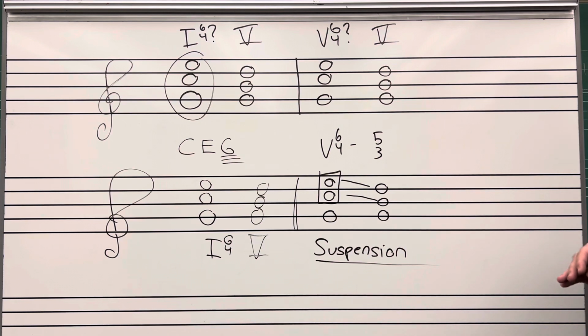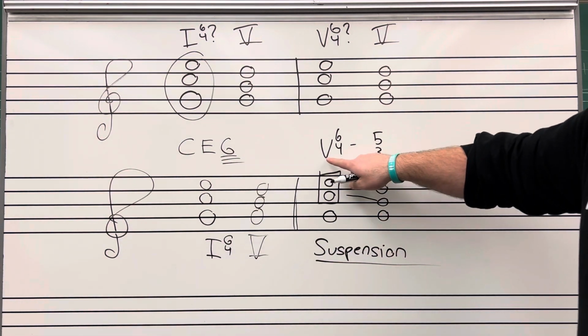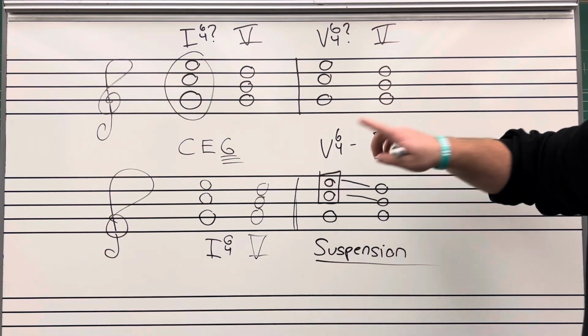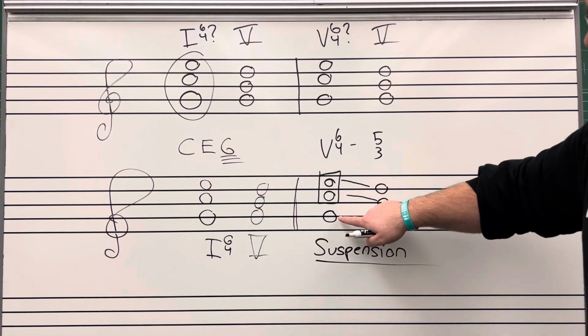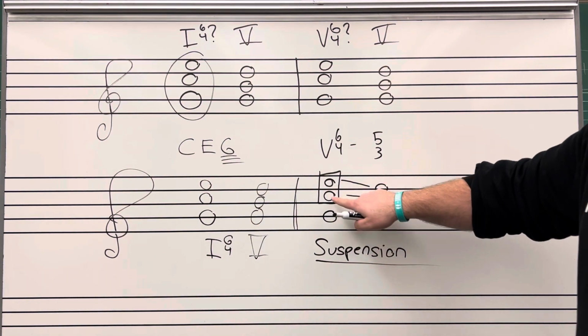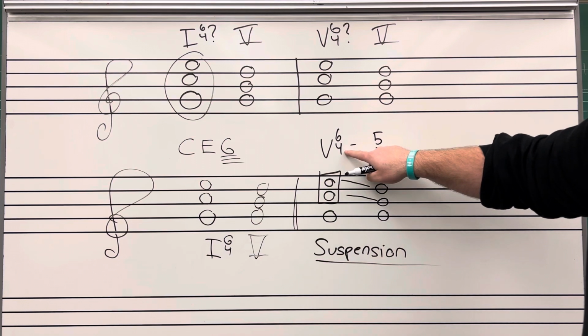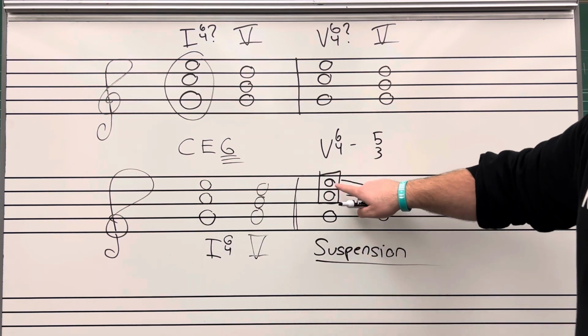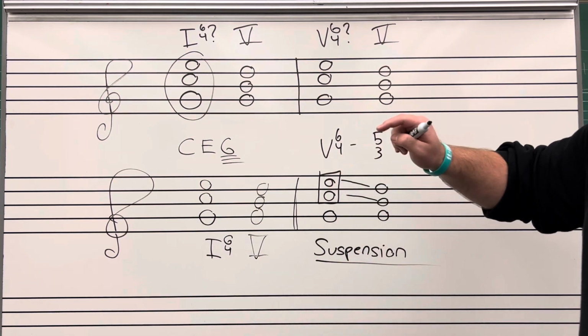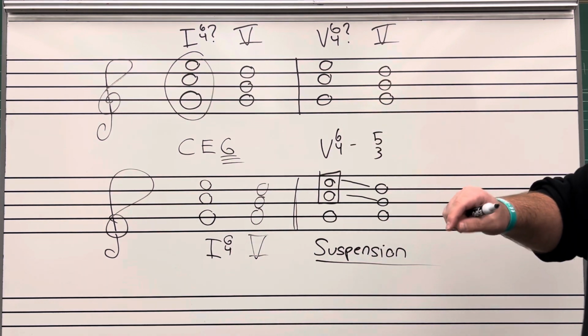Why is it a 6/4? Because we're mixing Roman numerals and figured bass notation. So what is a fourth above G? That's C. There's your 4. What is a sixth above G? That's E. There's your 6.